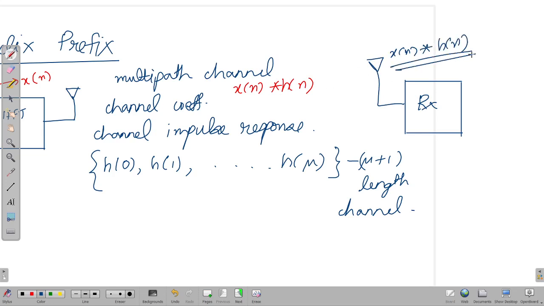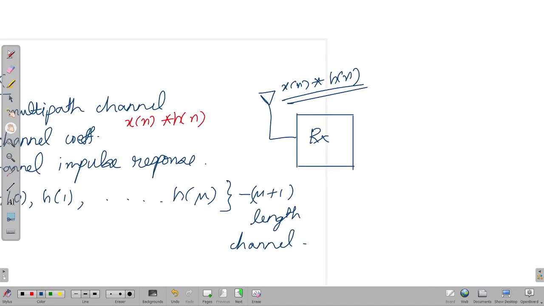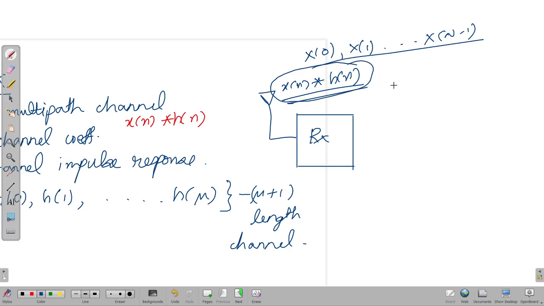But how will you decouple these signals? That is a question. Because you want to separate out x of 0, x of 1, etc., up to x of n minus 1. But this is a convolution operation, which is a complex operation.